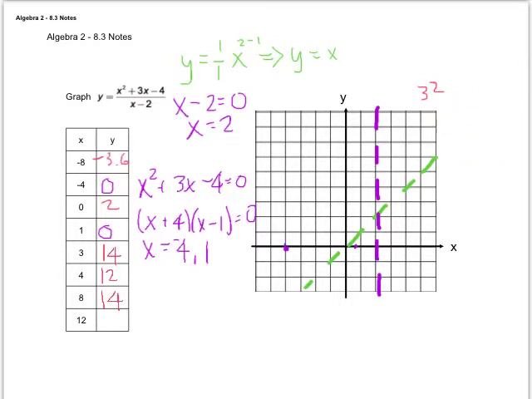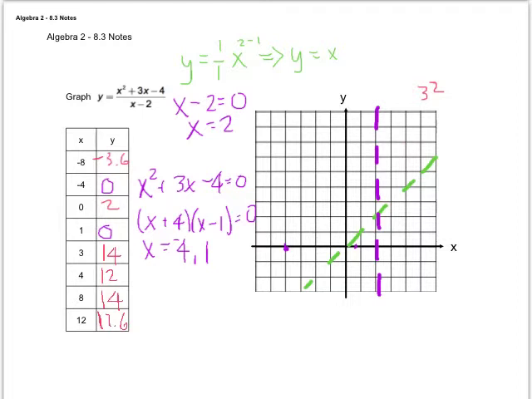And so that's going to end up being 12 squared plus 3 times 12 minus 4 over 12 minus 2, which is 17.6. So, you can find these points. You can look at a table of points. It's pretty bearable to do.